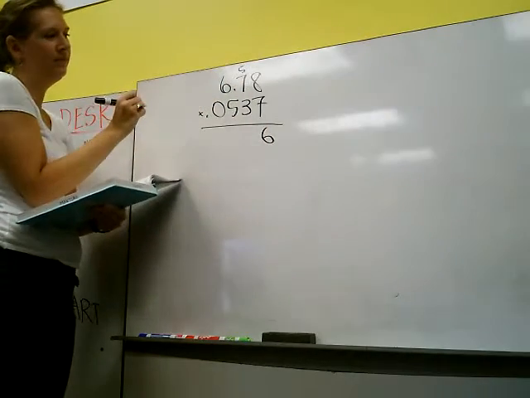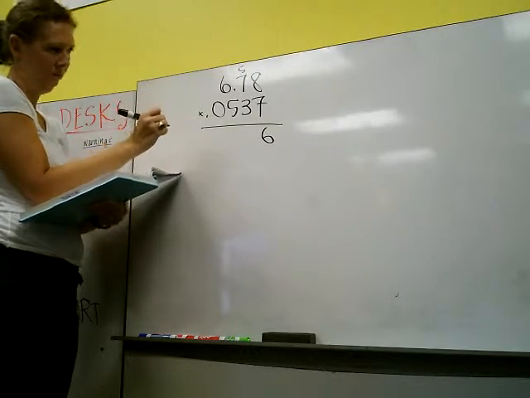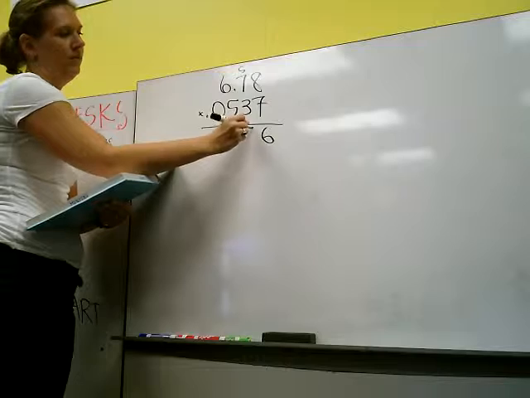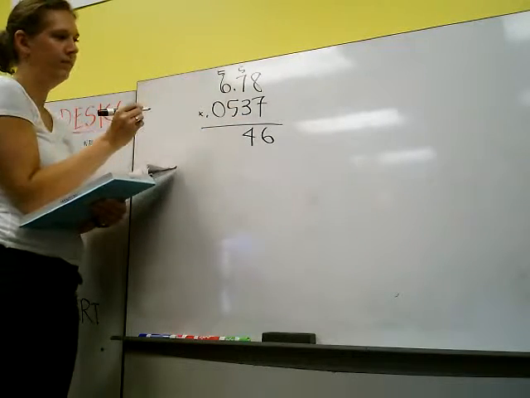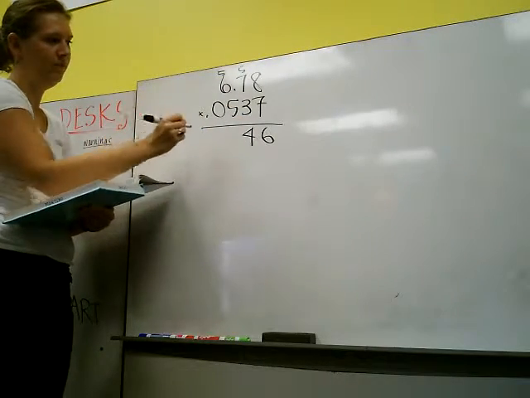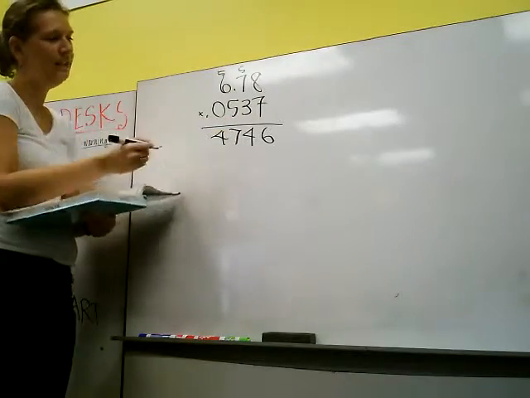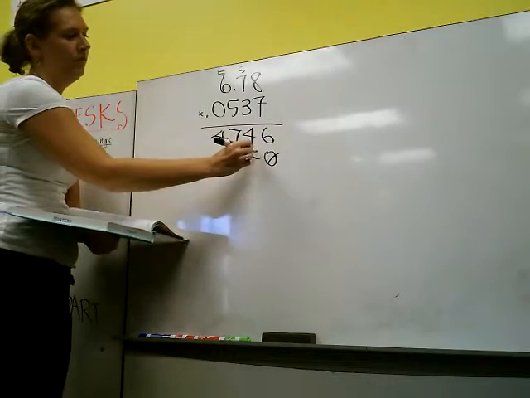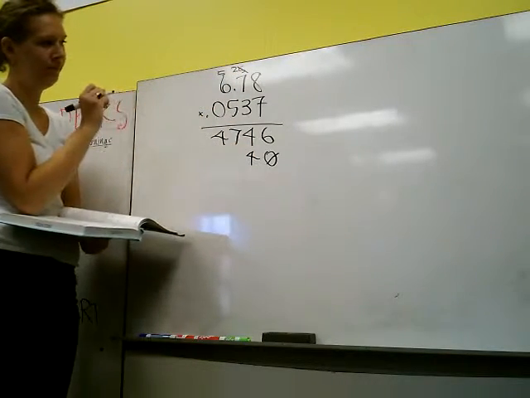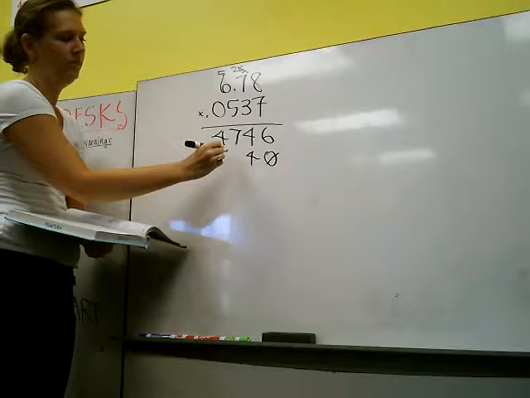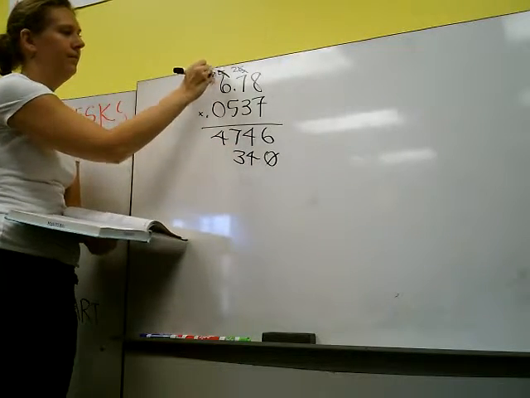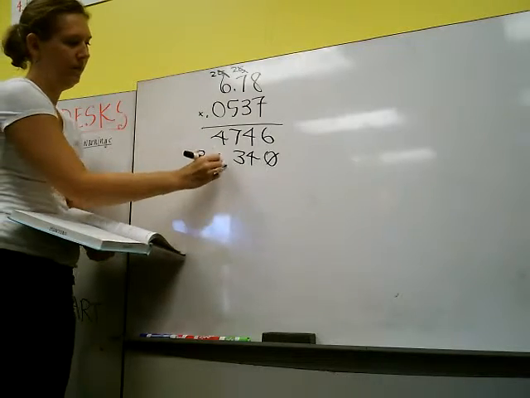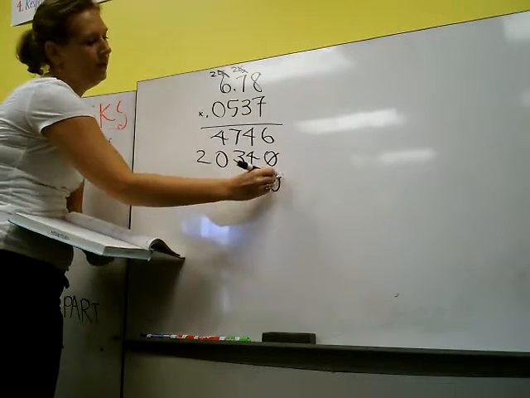Good. 7 times 7 is 49, plus 5 is 54. Good. 6 times 7 is 42, plus 5 is 47. Good. Put your 0 on it. 8 times 3 is 24. 7 times 3 is 21, plus 2 is 23. Good. 6 times 3 is 18, plus 2 is 20. Beautiful. Put your 2 zeros. Good.